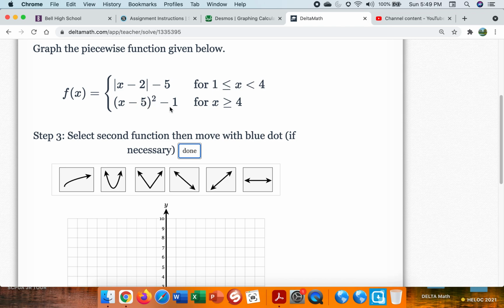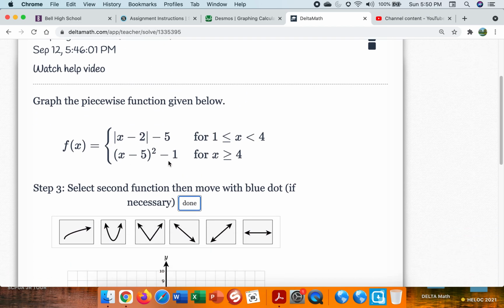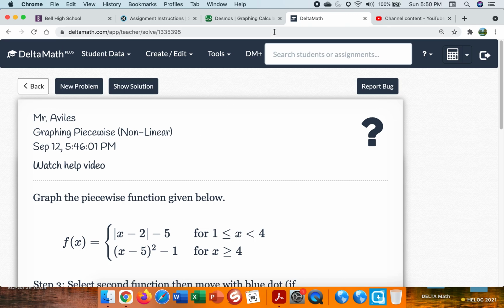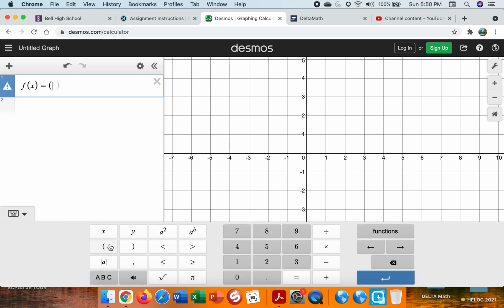Okay, select the second function. Now we have to graph this one. We're done with the first one, right? Yep, we're done. Select the second. I have to graph x minus 5 squared minus 1. This is the one that has parentheses.